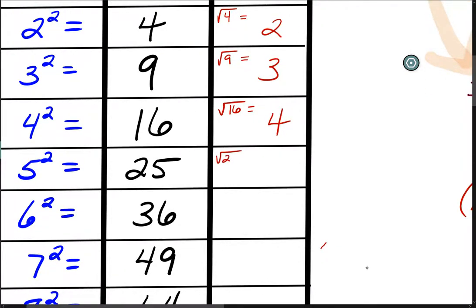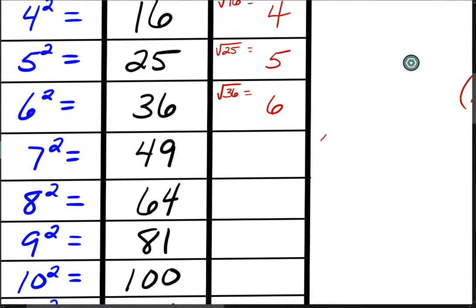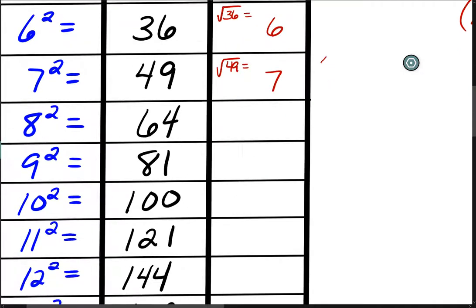What number could I square and get 25 as an answer? Very good. You guys are good at this. What number could I square and get 36 as an answer? Good. What number could I square and get 49 as an answer? Good.